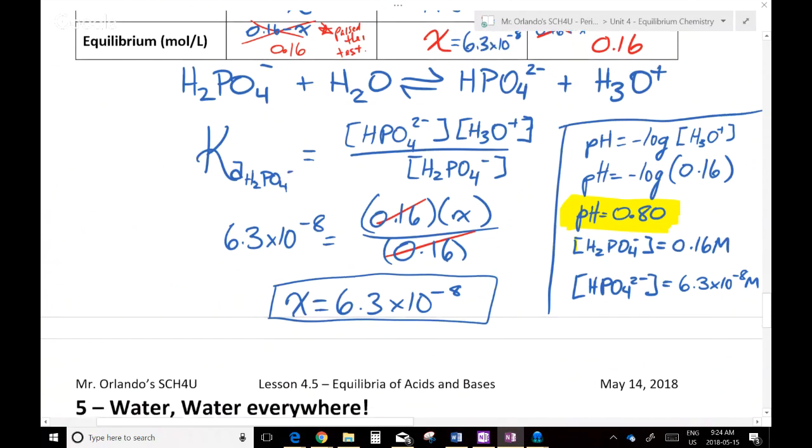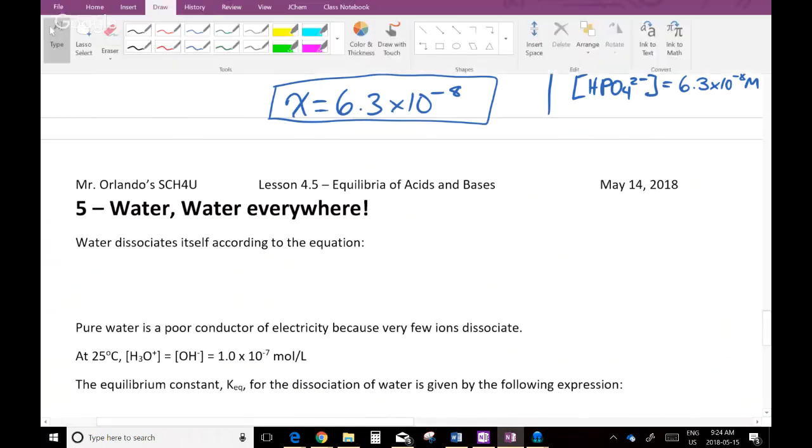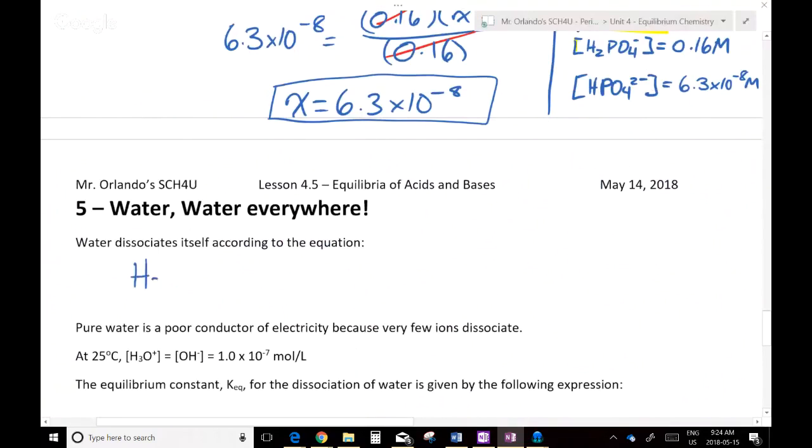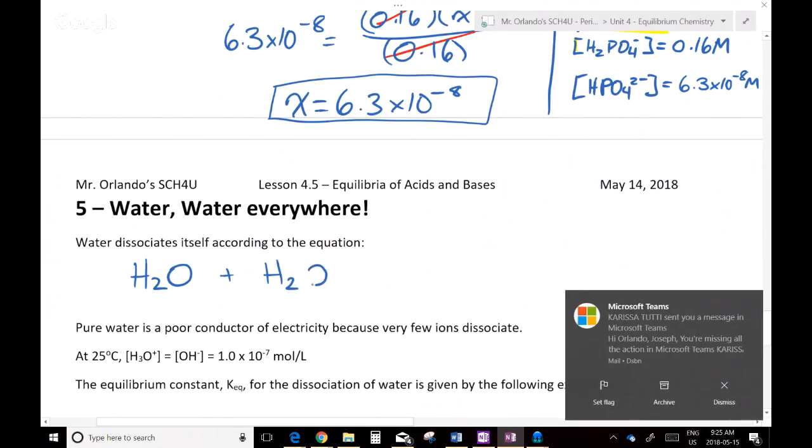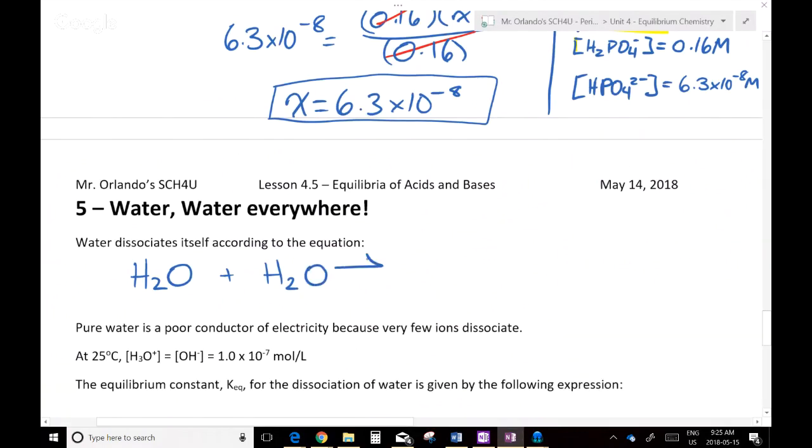Water, right? If I take water and I react it with water, what can I get? By the way, this is a little weird. But what's going to happen here? One of these waters can behave like an acid, and the other one can behave like a base.